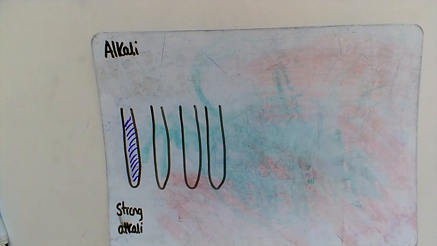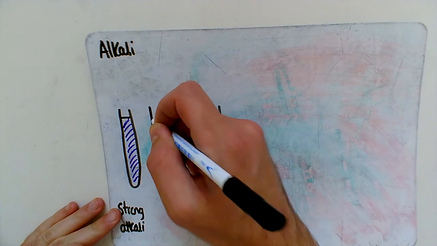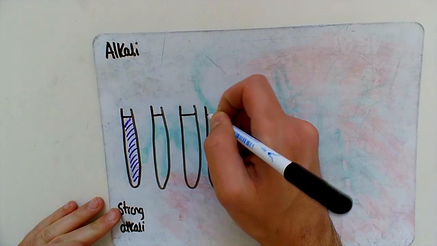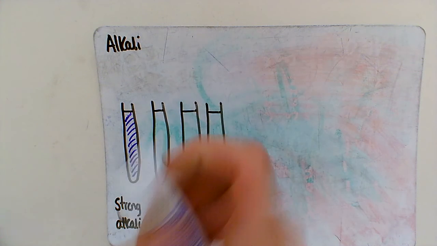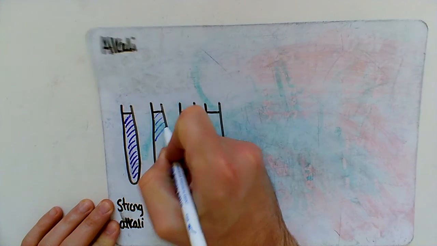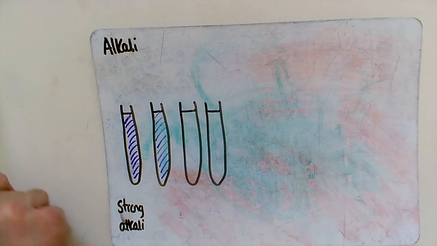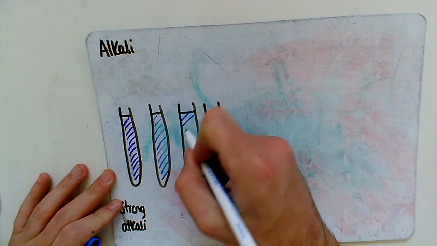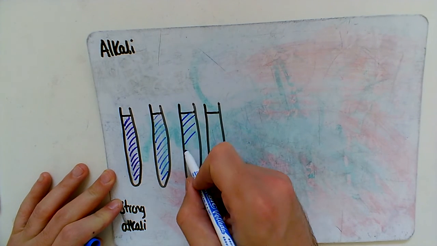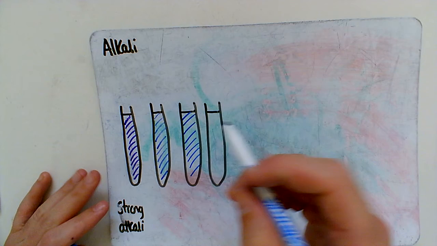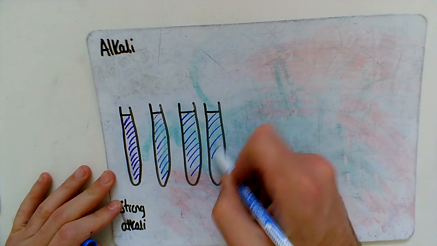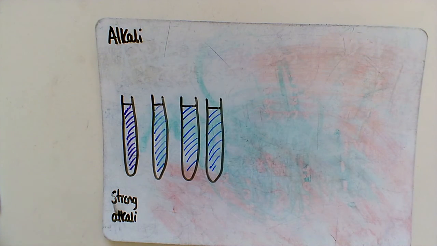And if we did the same process with each one, doing the dilution, we would get changing colour slightly each time, so getting lighter blue, and then eventually ending up a blue-green colour.